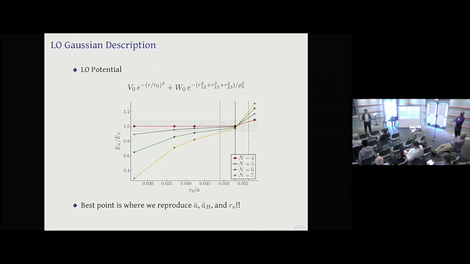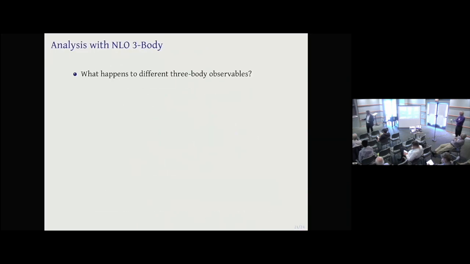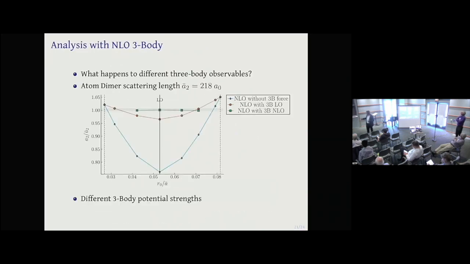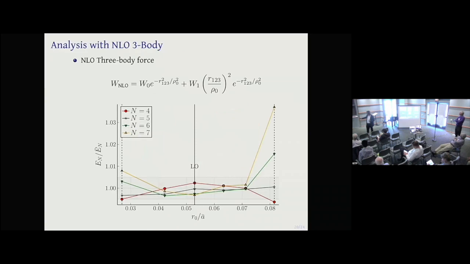Then I can use the four-body force, and the last two. The fact that this fitting and this fitting are not really in agreement maybe suggests that I have to add something.